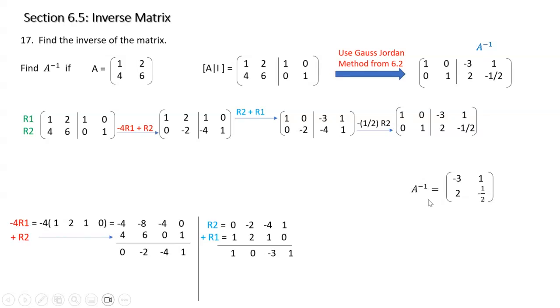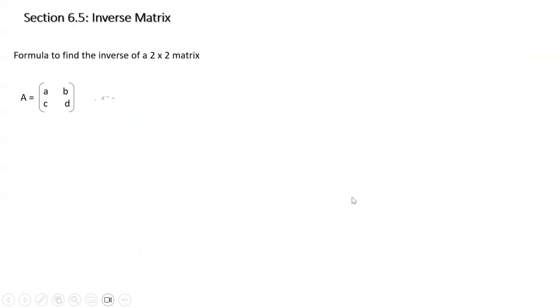Okay. Now I'm going to show you another way to get the answer, which I think is easier. Here's a formula to find the inverse of a 2 by 2 matrix. Here's the concept. For the inverse, you're going to multiply 1 over A times D minus B times C. This is called a determinant.